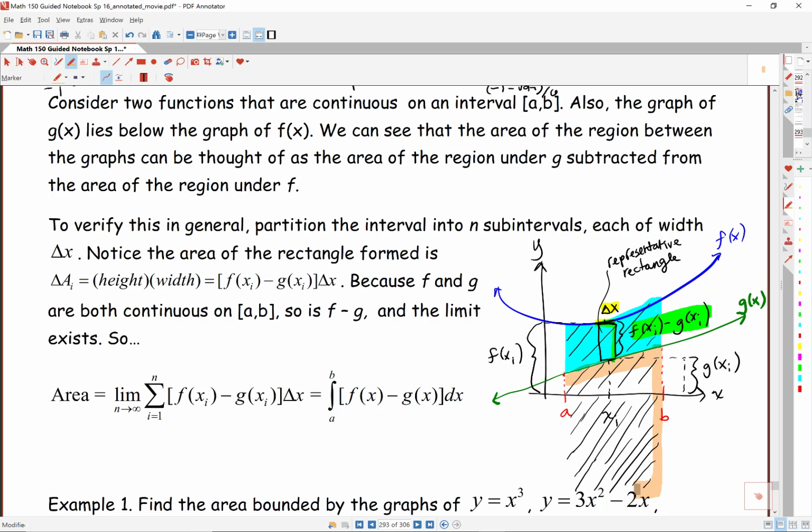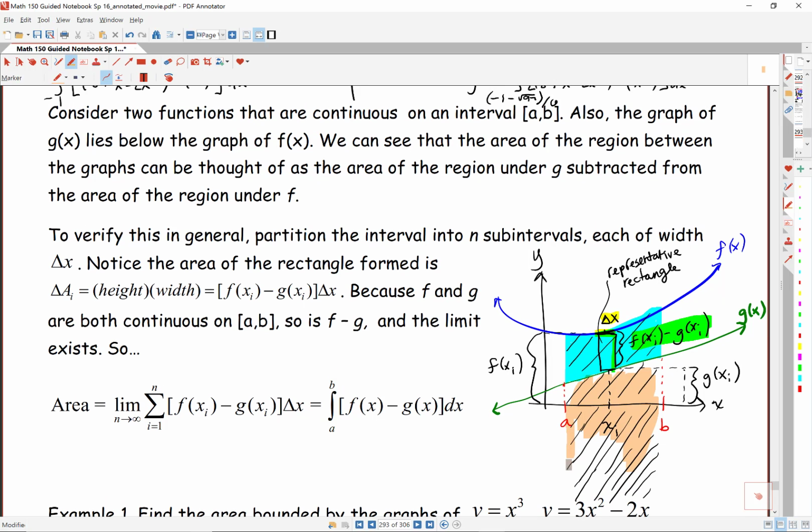And so it literally subtracts out f of x, the area under the graph of f at x. And then we end up only with the area between the two curves. So it's really pretty groovy.